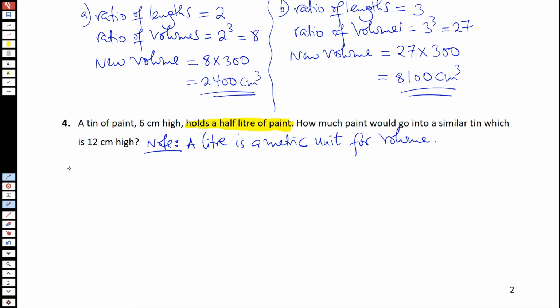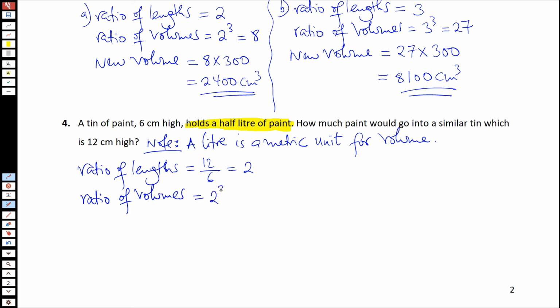So the ratio of lengths: a similar tin is 12 centimeters high, so that will be 12 over 6, which will be equal to 2. And what you're interested in is volume, so we need to find the ratio of volumes, which will be equal to 2 cubed.